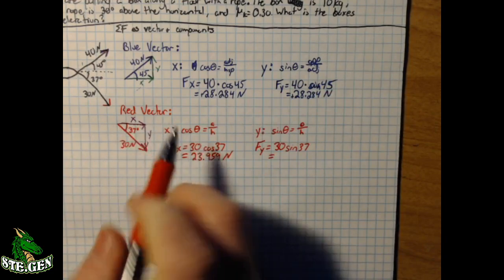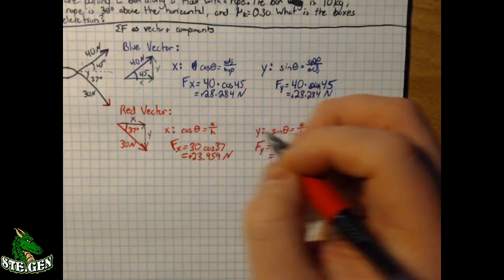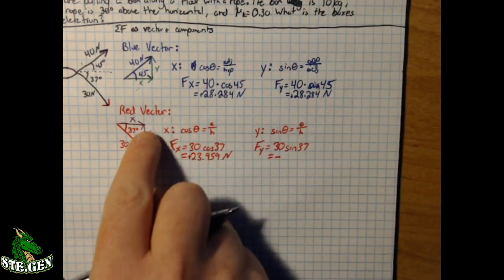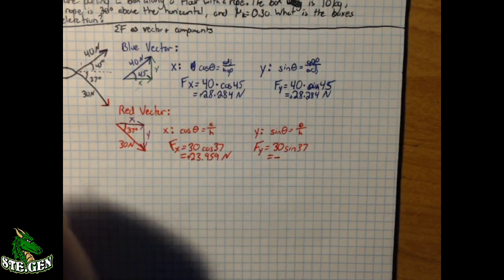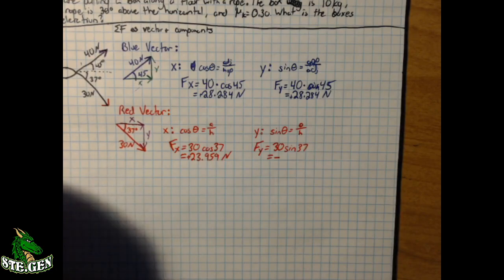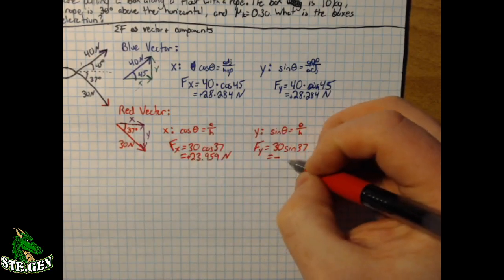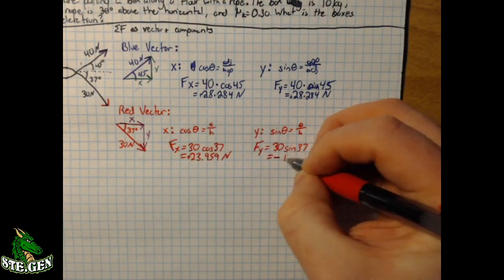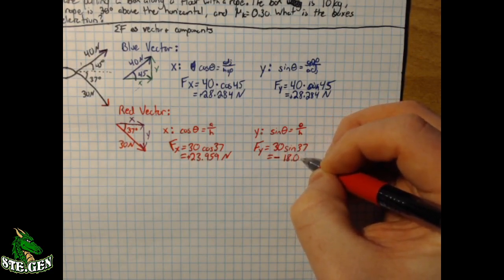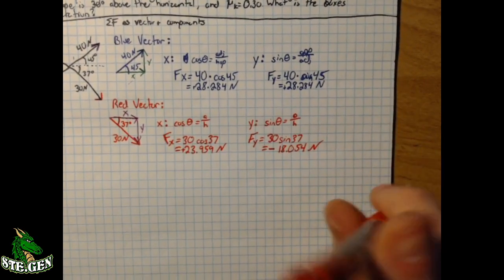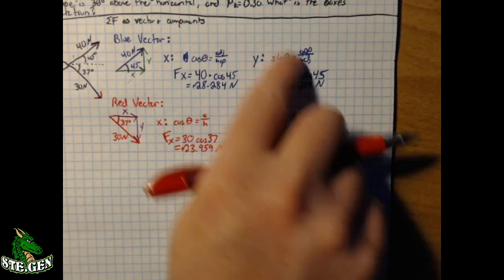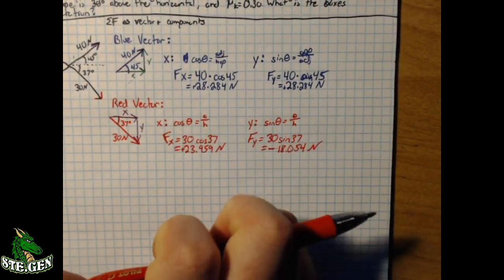And it's in the x direction. It's going this way, so we're going to call that a positive. This one's going to be negative because it's going downwards. And I have my answer as negative, again, because it's going downwards, 18.054 newtons.